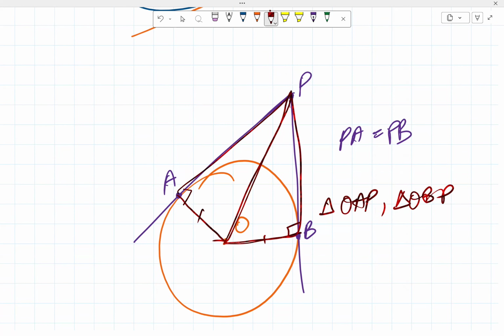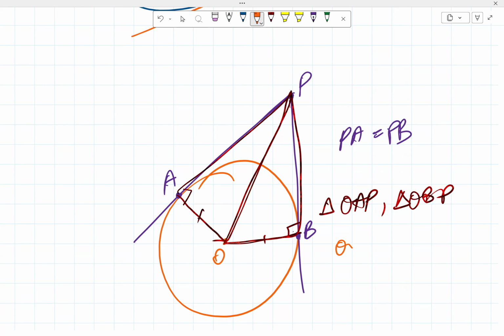So they are similar triangles. Interestingly, I think we looked at similar triangles in a previous video. They both have 90 degrees each. Another thing is that OA is equal to OB. So let me bring this one here. This is O.